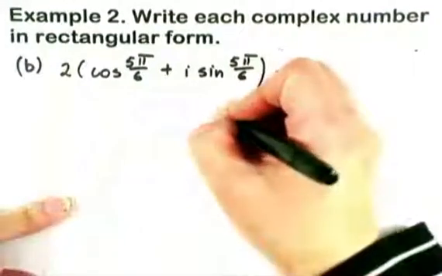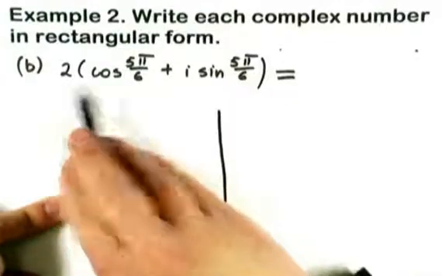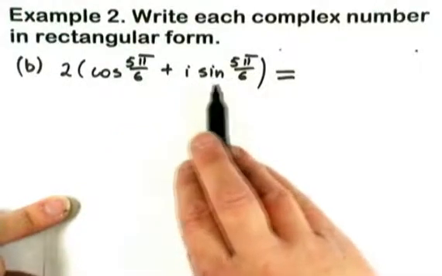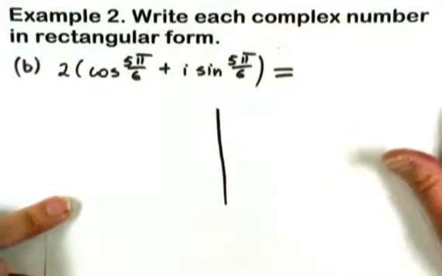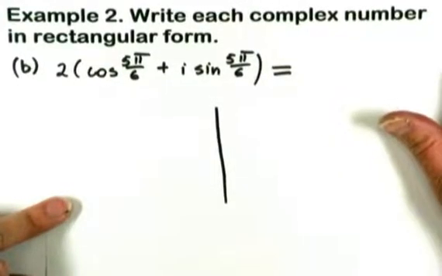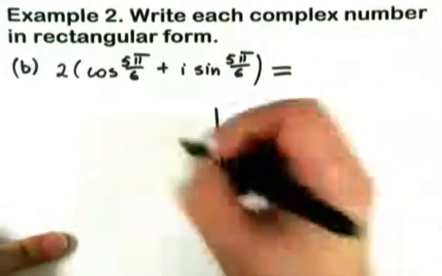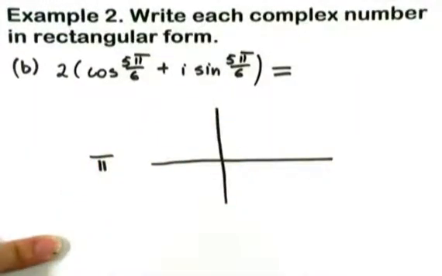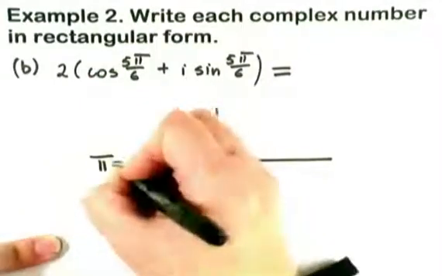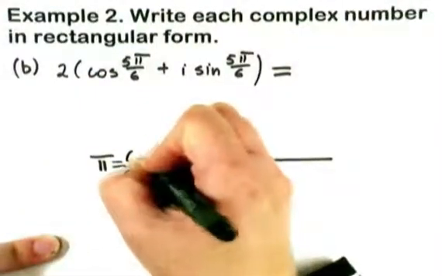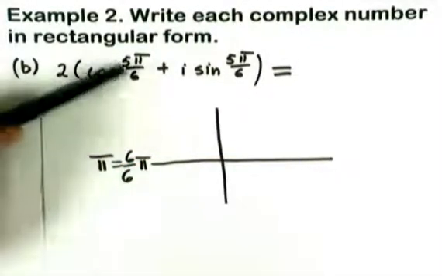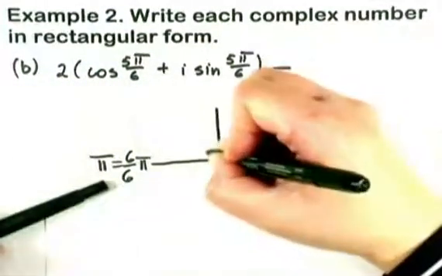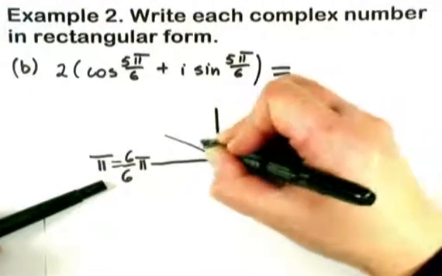So we have 2 cos 5 pi over 6 plus i sine 5 pi over 6. Okay, 5 pi over 6, here is pi. Pi in terms of sixths is nothing else but 6 over 6 pi. So 5 over 6, we are a little bit short of 6 over 6, right? So this angle is right here.